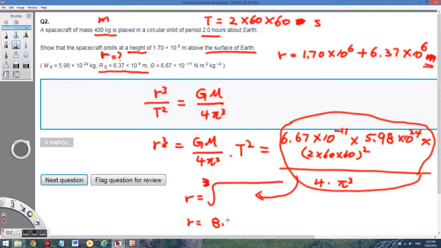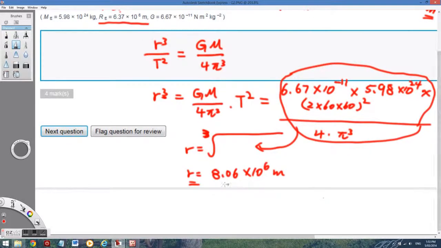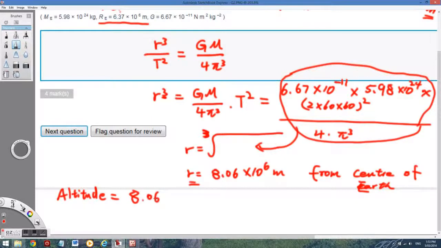The radius will be 8.06 times 10 to the power of 6 meters. Now, the radius here is the radius from the center of the Earth. For the altitude, the height, you need to use this number and take away the radius of the Earth.